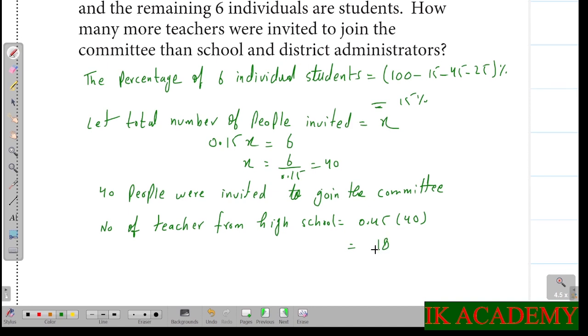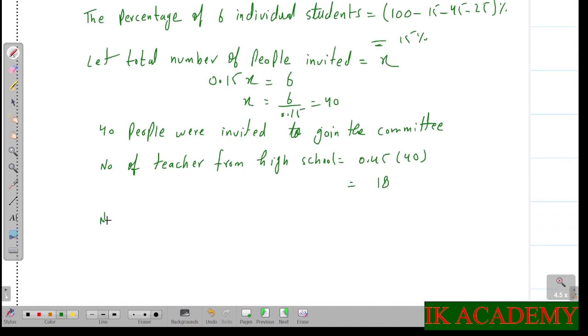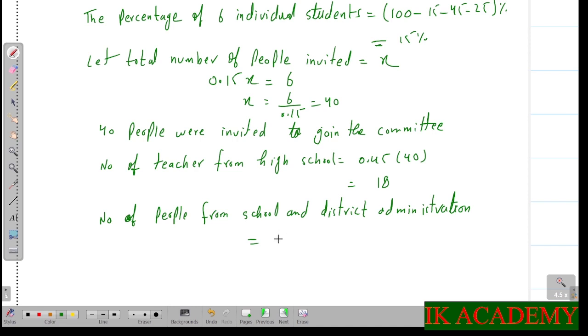So 18 teachers were invited. The school and district administration were 25% of the total, so 0.25 multiplied by the total number of people is equal to 10.